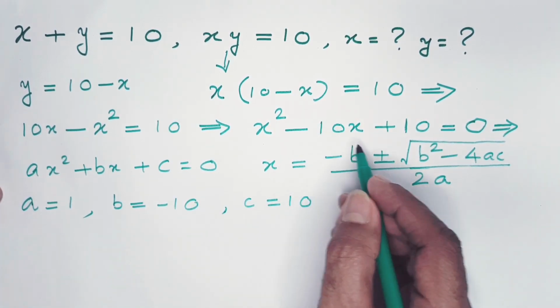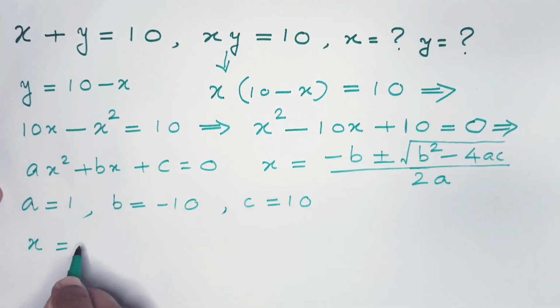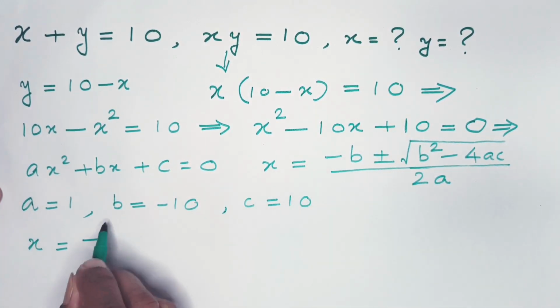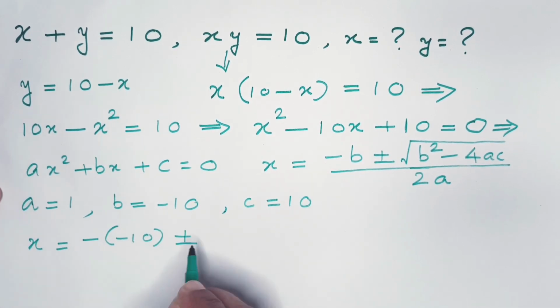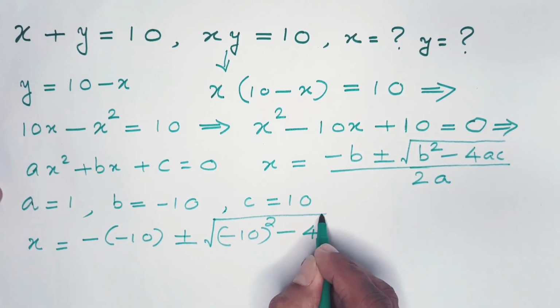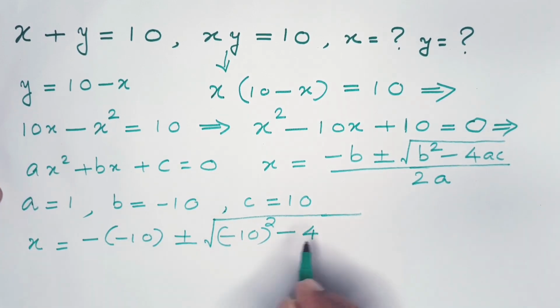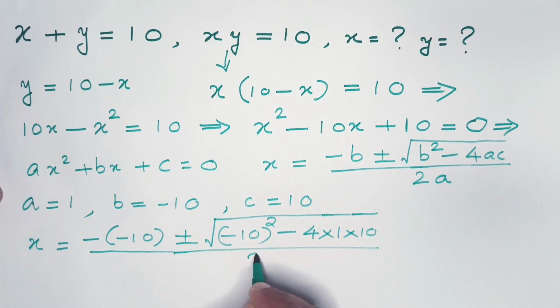Now to get the roots of this equation, all you need to do is substitute these values in the formula. So there is a minus sign here, then b is minus 10. So you will have minus minus 10 plus or minus square root of b squared, which is minus 10 squared, minus 4ac. a is 1, c is 10. The whole divided by twice a, which is 2 multiplied by 1.